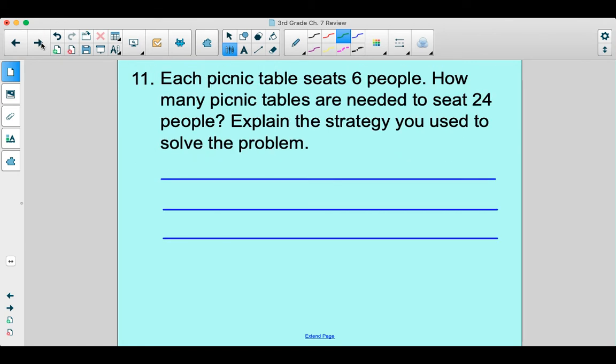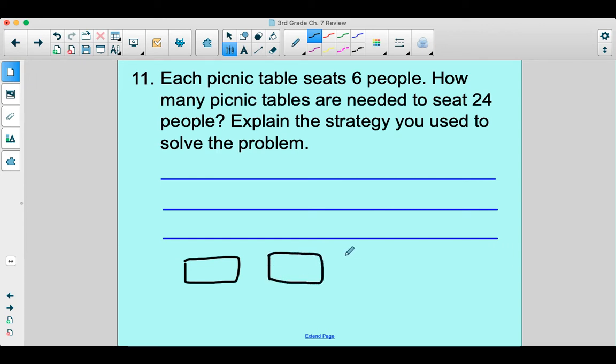Number 11. Each picnic table seats 6 people. How many picnic tables are needed to seat 24 people? Explain the strategy you used to solve the problem. All right, so maybe this one you might want to draw a picture, or maybe you're starting to memorize. You don't have to have them memorized yet, but we're working on it, right?